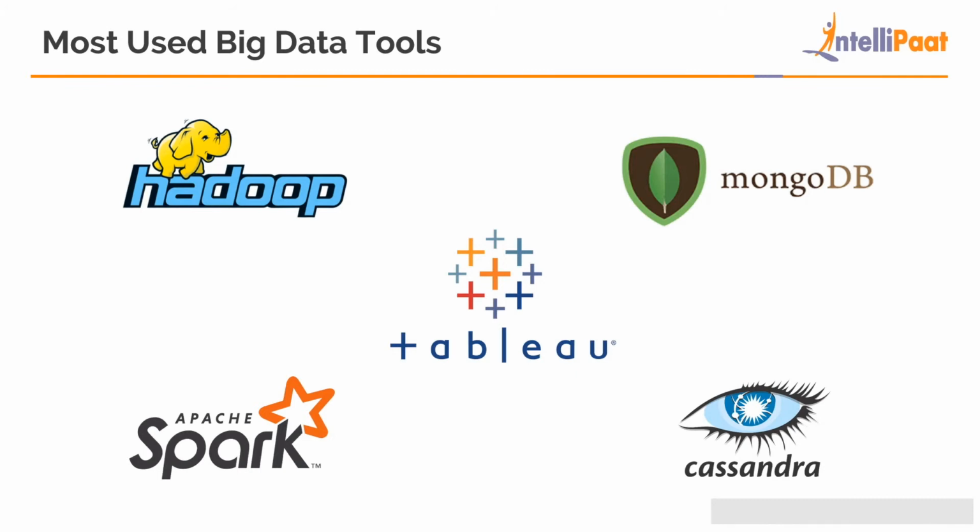Even in Apache, you have so many different tools. In visualization, again, you have Qlik Sense, you have Sisense, you have so many different tools. So you'll have to do a lot of research before choosing what exactly you need. But I would strongly suggest these 5 tools over here if you want to start off with big data: Hadoop, MongoDB, Spark, Cassandra, and Tableau.